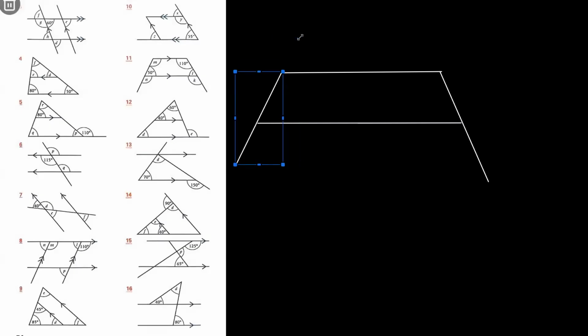Here is the arrow showing that these two lines are parallel.